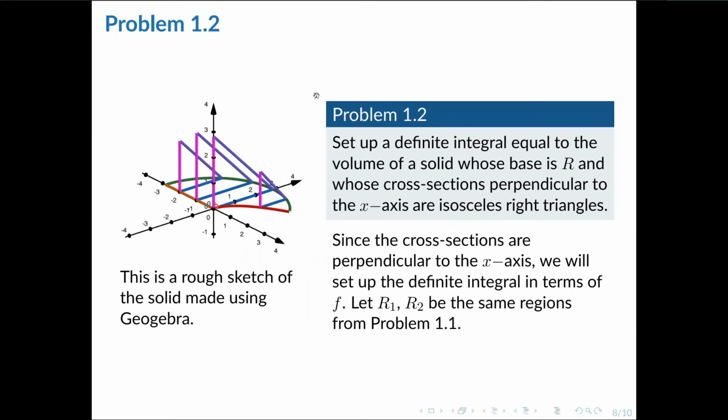Pero yung ginamit dito ay isosceles triangles, right triangles. So since the cross-sections are perpendicular to the x-axis, we will set up a definite integral in terms of, ito dapat ay x, in terms of x. So let R1, R2 be the same regions from problem 1.1.